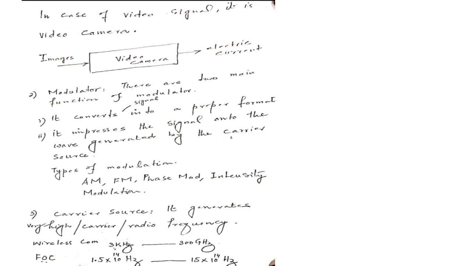And what is intensity modulation? Basically, we change the intensity of the light wave in accordance with the variation in the electrical signal. And this type of modulation is known as intensity modulation.